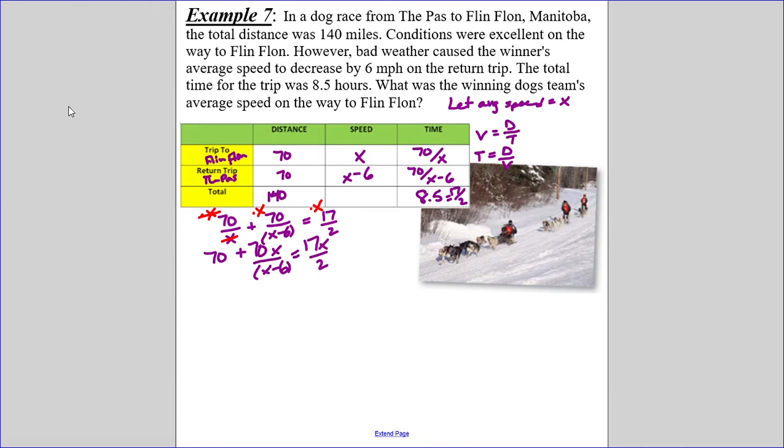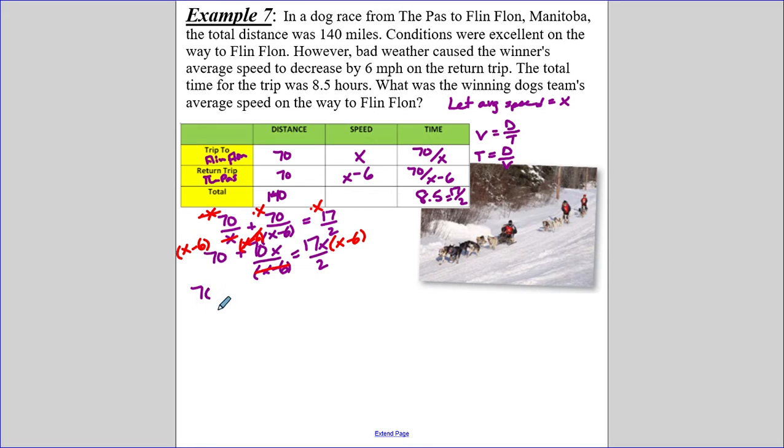Now I'm going to move to my next term, which in this case is x minus 6, so I'm going to multiply by x minus 6 everywhere now. That cancels these two terms out. Again, I'm going to rewrite what I have left.